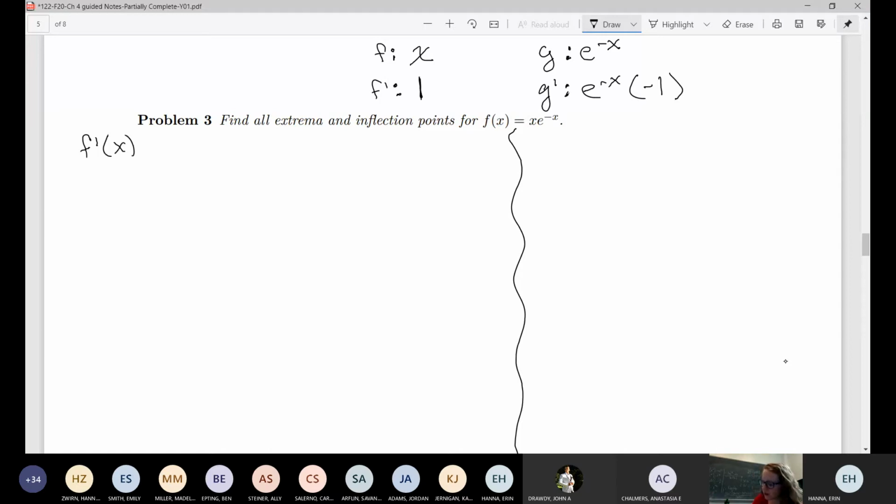So putting this together, we have f prime times g, so 1 times e to the negative x gives us e to the negative x, plus f times g prime. I'm going to move that negative to the front of the e to the negative x. So we essentially get e to the negative x minus x e to the negative x.